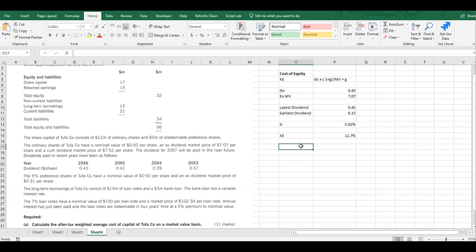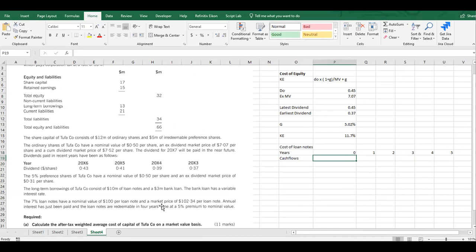Cost of loan notes. कितने साल है जी? How many years are there for loan notes? 5 years. अगर हम मैनुअल कर रहे होते तो हम इसका टिपिकल IRR वाले तरीके से करते हैं, लेकिन अभी एक्सेल है तो इससे करेंगे. राइट द कैश फ्लोज गाइस.